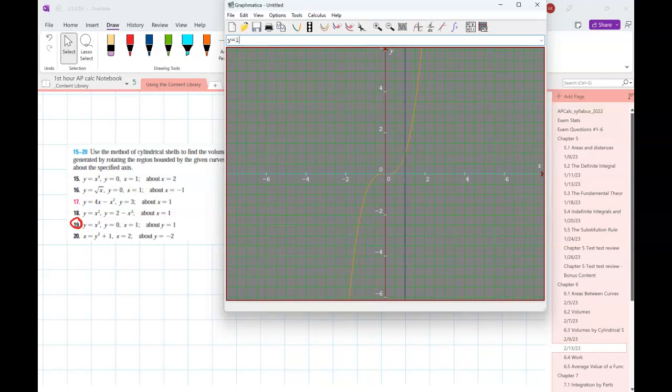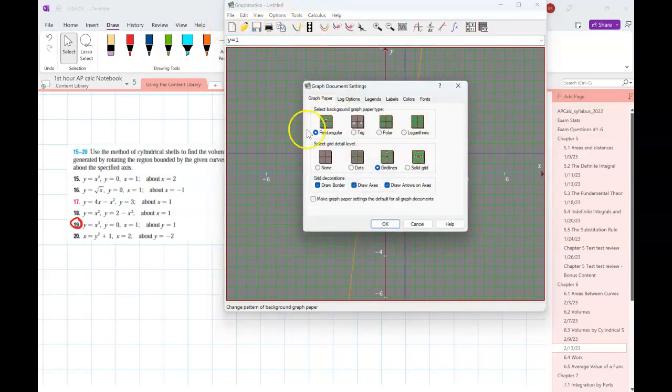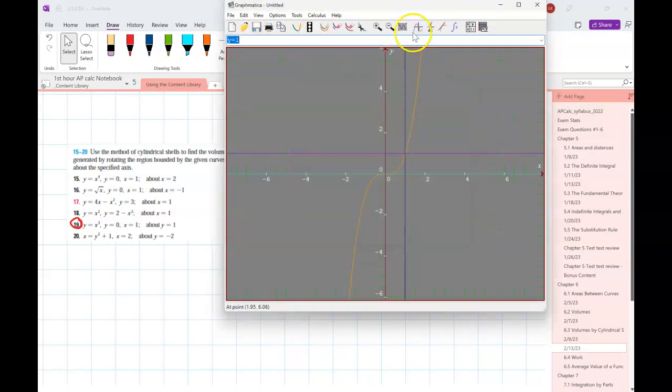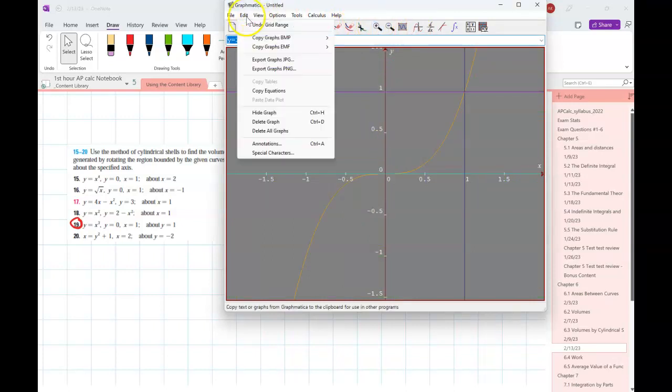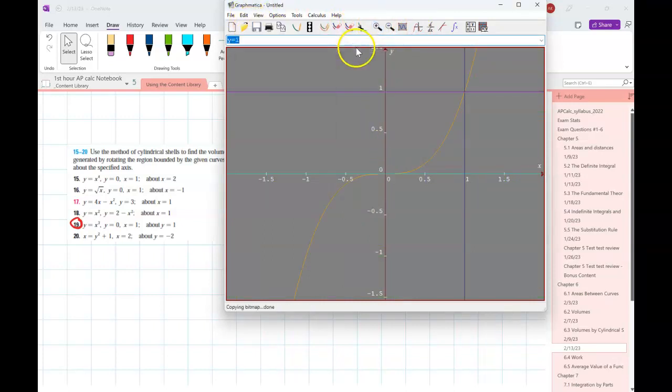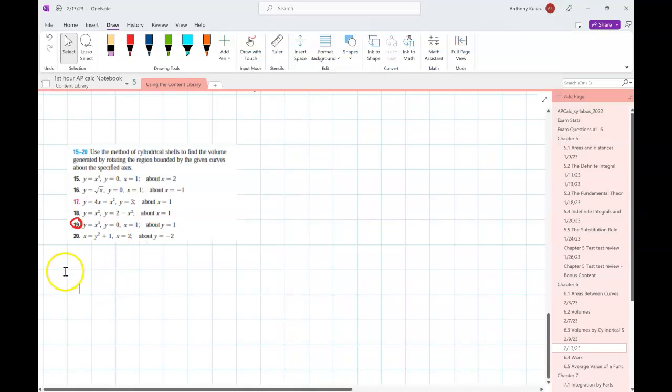And again, this would be hopefully a relatively easy one to kind of picture. There's nothing crazy going on here with y equals x cubed, y equals 0, and x equals 1.